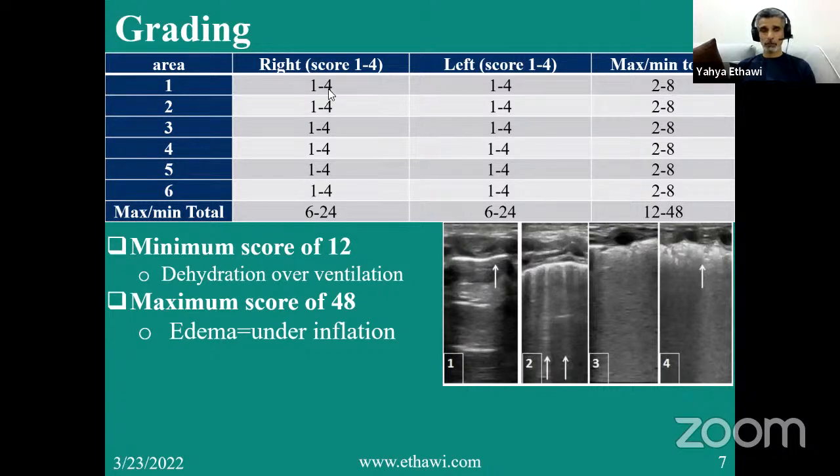You can get a total score of the side scores or of the zone scores, and the total is 48. So the total score ranges from 12 to 48. A minimum score of 12 means you are either dehydrated or overventilated, and a maximum score of 48 means you have either edema or underinflation.